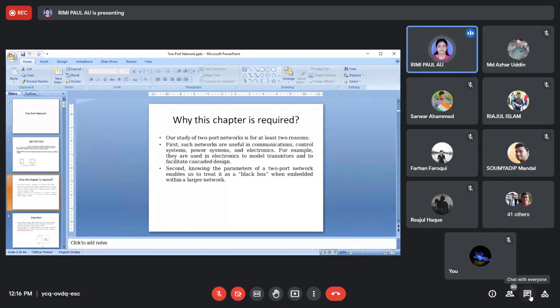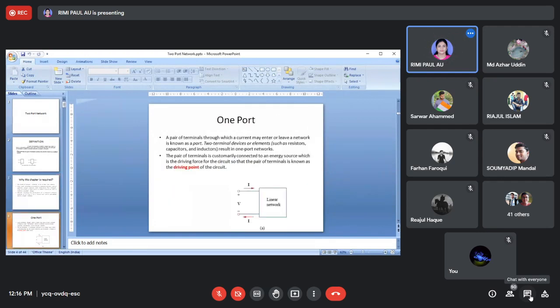So that's why we need a filter, and in that case, to calculate or identify what is present inside the filter, we can use this two-port network. In one port, you can see that current is entering and current is leaving, and only two terminals are present.